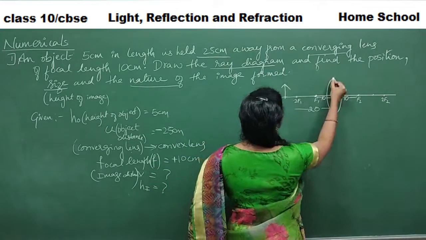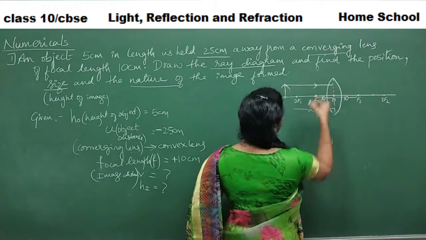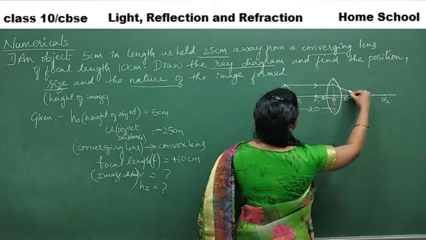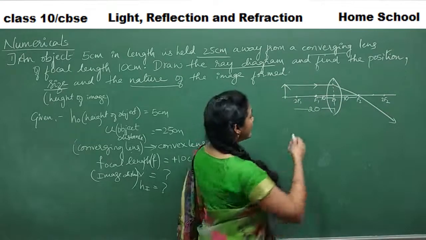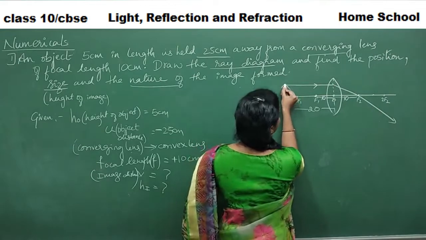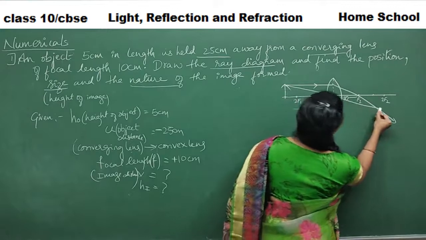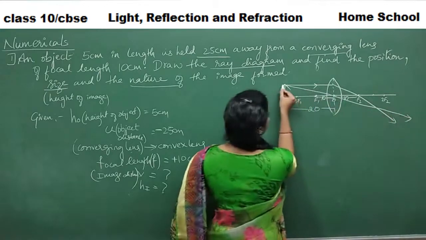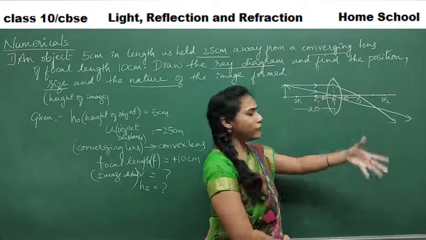Let me take an incident ray. First incident ray I am taking parallel to the principal axis. So definitely it will pass through F2, that is the focus point. And the next incident ray I will take passing through the optical center. Whenever an incident ray passes through the optical center, no refraction takes place.